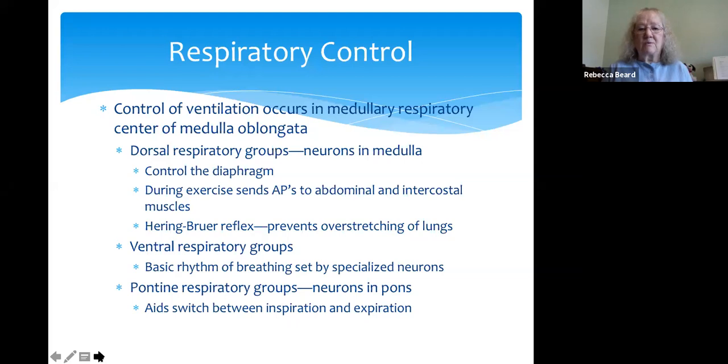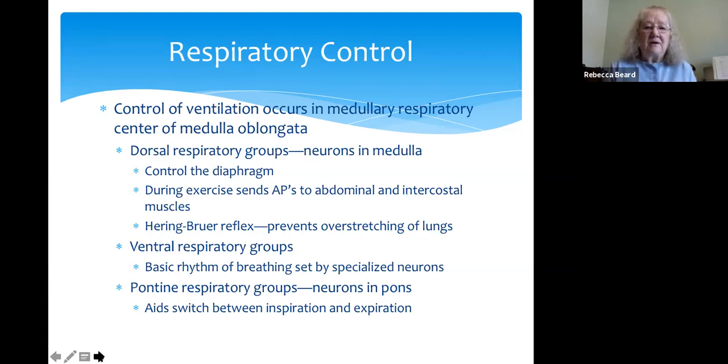So if you're taking really, really deep breaths, there is a monitor in the lungs that is going to say, okay, that's all, we can't go any further, and it will send action potentials to cause you to relax the diaphragm and breathe out. Okay, so it's not going to allow your lungs to be overstretched and popped. So we can't pop our lungs like a balloon.